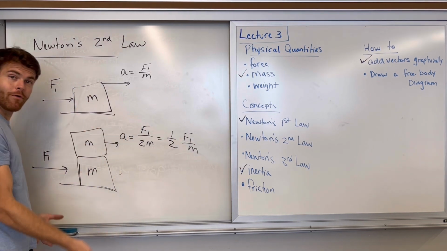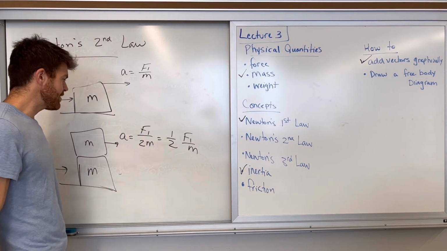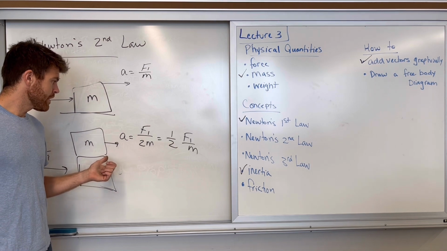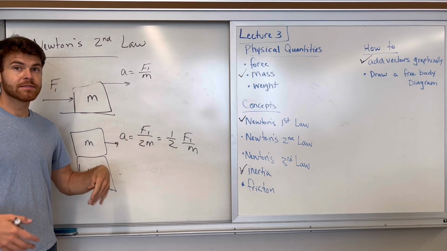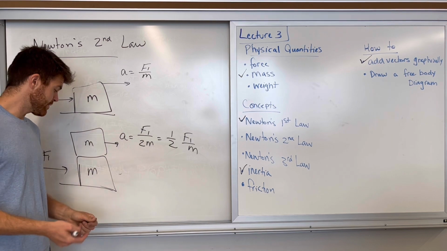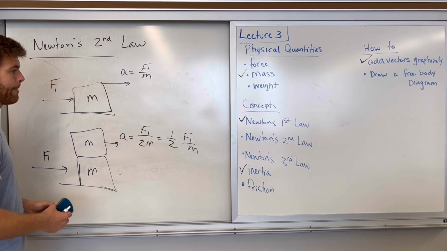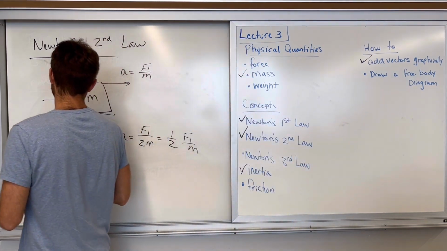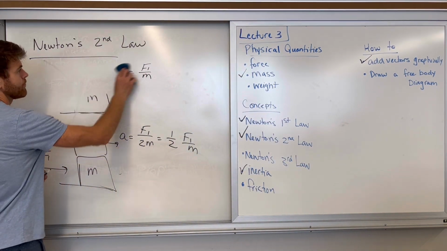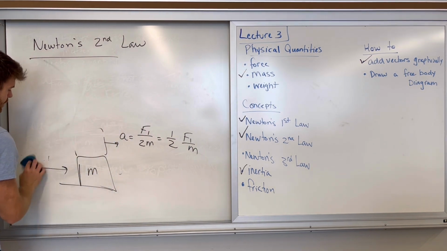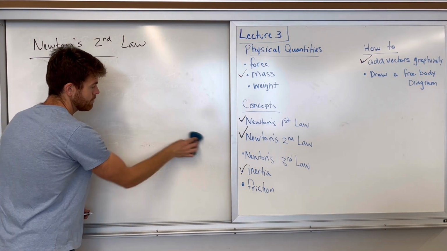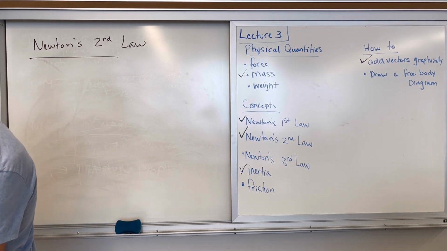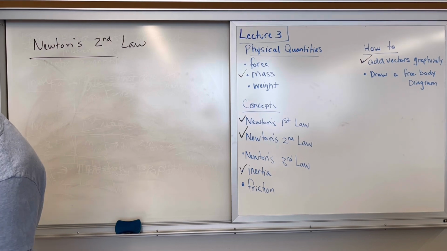So if we double the mass, we halve the acceleration, which shows that inverse proportionality of acceleration and mass. The more mass, the smaller the acceleration. Double the mass, we halve the resulting acceleration. Right? So that's Newton's second law. Force equals mass times acceleration. Extremely, extremely, extremely important equation in physics.